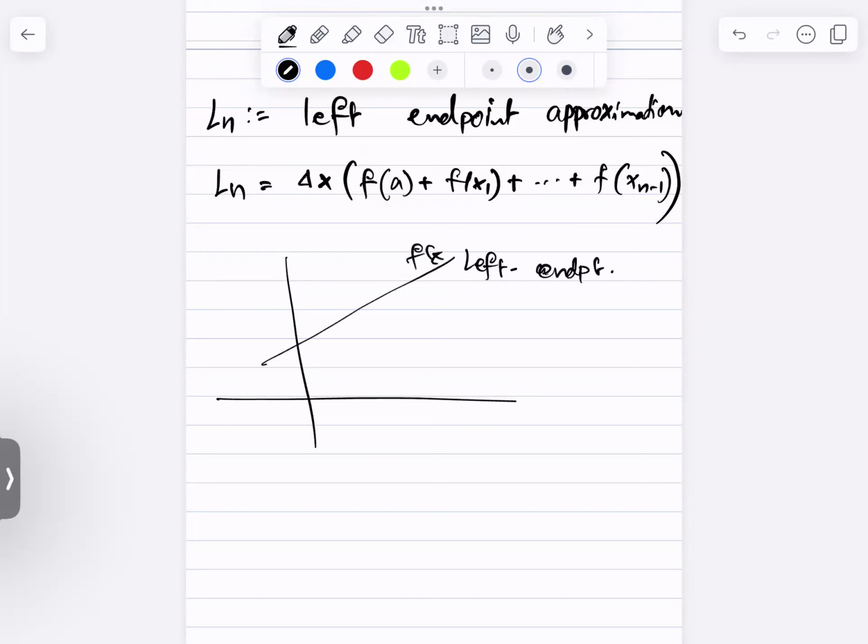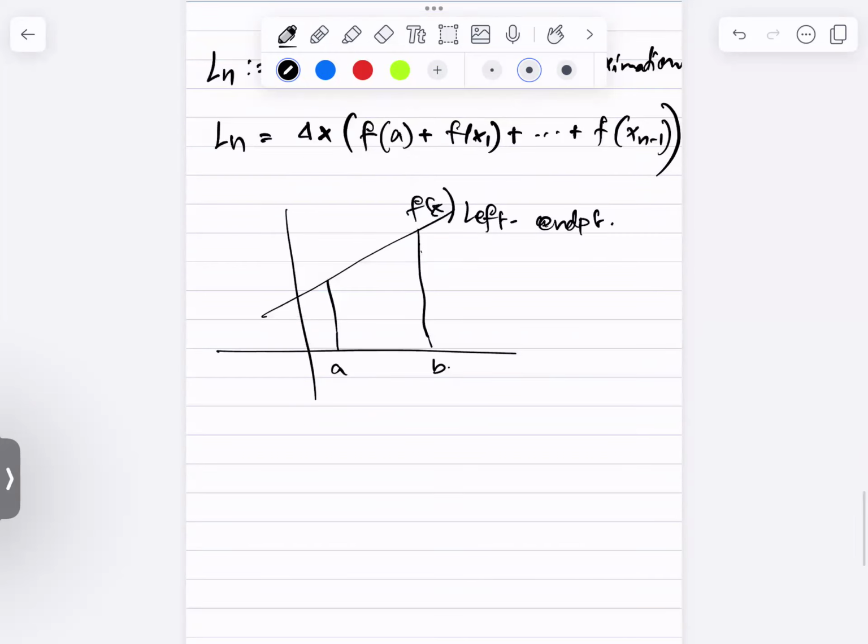And if you want to visualize the picture, say this is the left endpoint approximation. This is your function f of x. You are interested in doing integration from a to b. You are subdividing it into n equal parts like this. Remember, your main goal is to get this area, right? When you consider a to x1, x1 to x2, and so on, when you do left endpoint, this is the height, so you are approximating this with this sort of rectangle, and you are taking the sum.